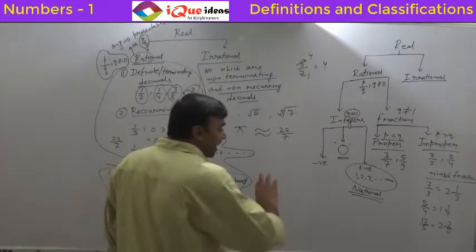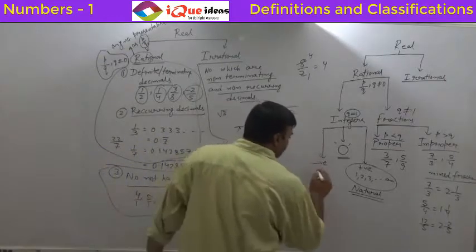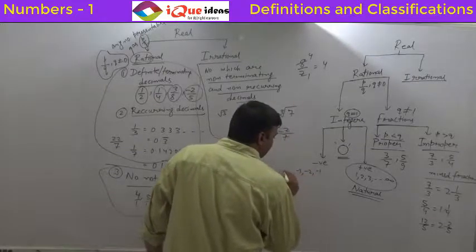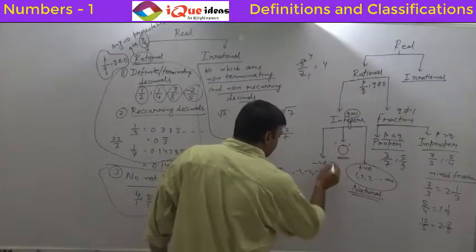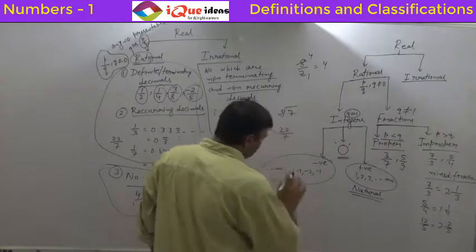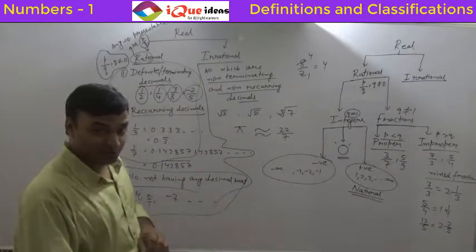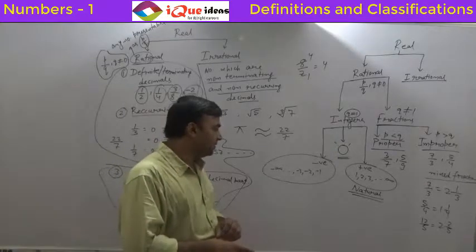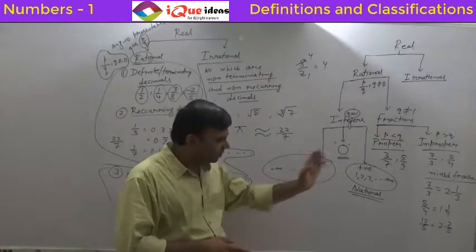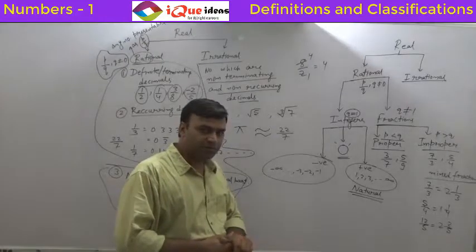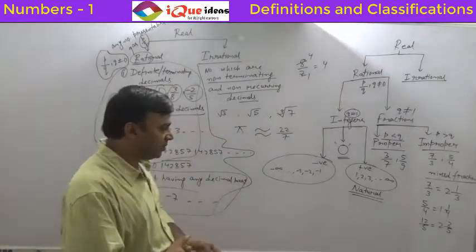Negative integers: the largest negative integer is -1, before that -2, before that -3, and they come from minus infinity. The set of negative integers does not have any special name. We don't call them unnatural numbers. No, we don't call them anything. They're just negative integers. Positive integers have been given one name: the set of positive integers is also called natural numbers.